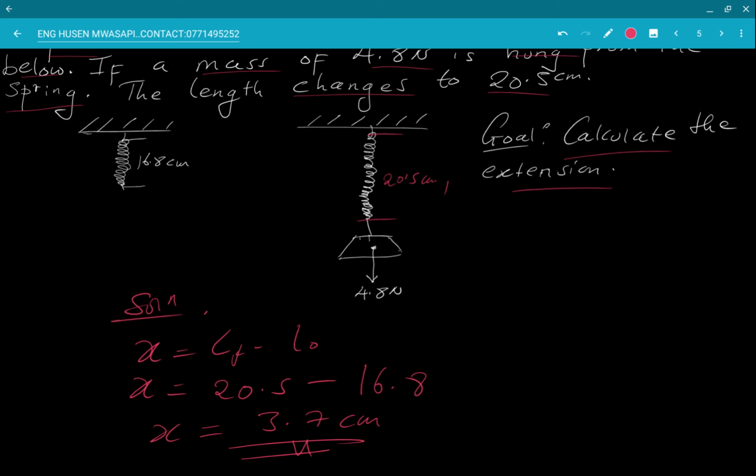I hope it's clear. Now, what you need to understand is this. I said that in most cases, the extension is put in what? Meters. But if not specified, you can let it be in centimeters as it is. So, future examples will have different ways of finding this extension, depending on a topic that you will learn in future.